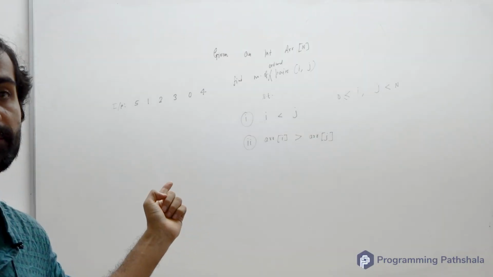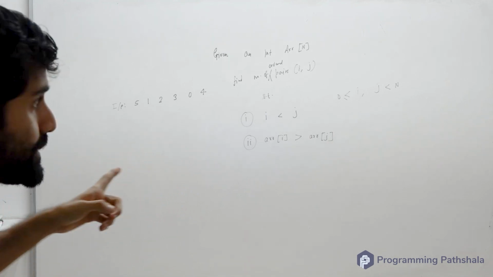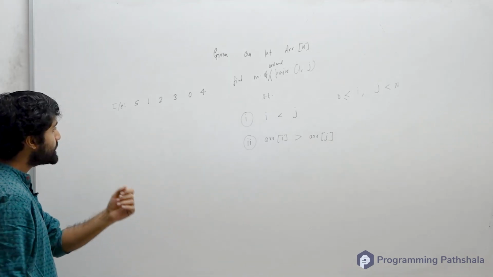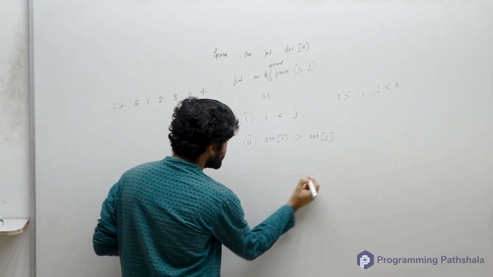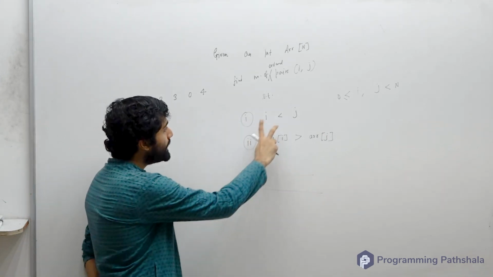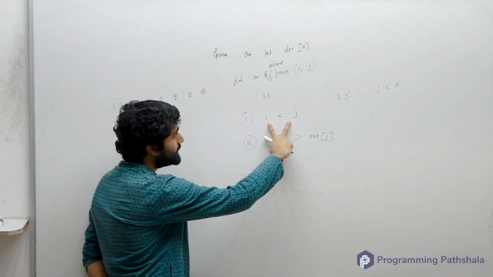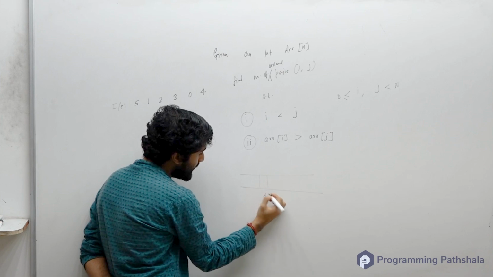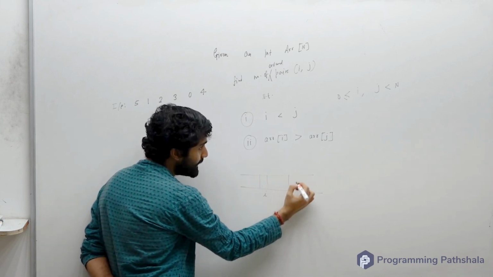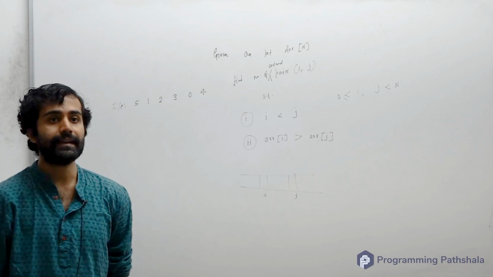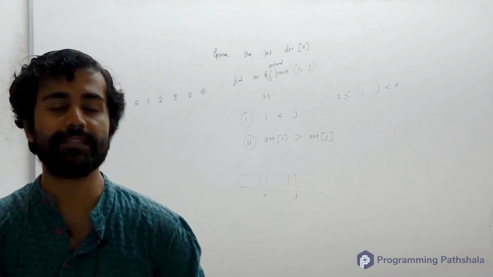Now just look at the board very carefully, everyone. Just focus your attention over here. So an important thing to understand over here is, if let's say this were my array, then the two indices that I am looking for, i and j, they should be such that i is smaller than j. So one thing is obvious, that the index i must be lying towards the left side of index j.